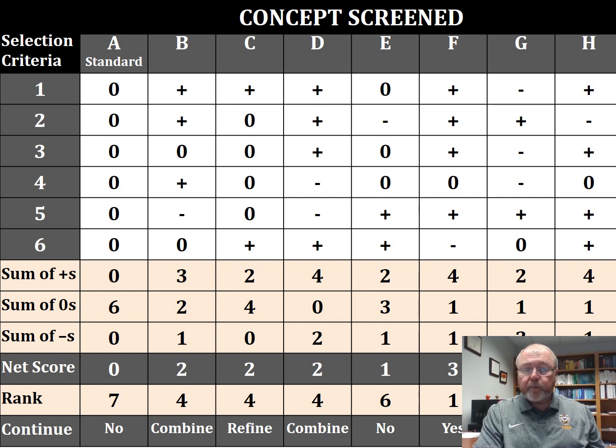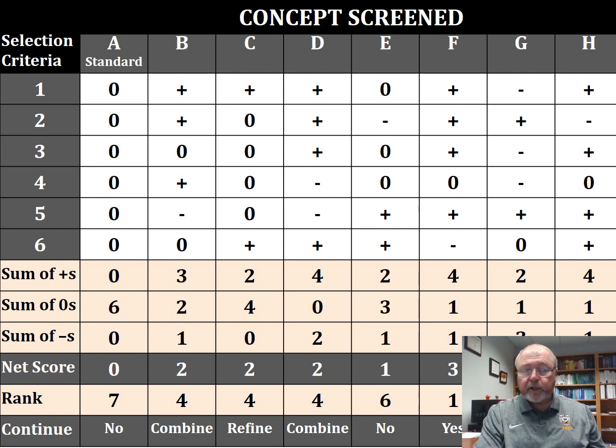So if you're doing that, you're probably going to look at, for example, H looks like it's probably okay. It's got 4 positive signs. Here's another one with 4 positive signs, F. They're not necessarily the same criteria that they score a plus and minus on. So there are different things, but ultimately we want to be able to rank those.